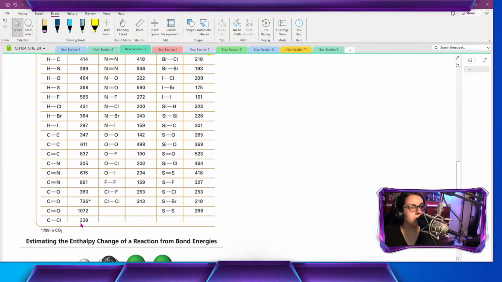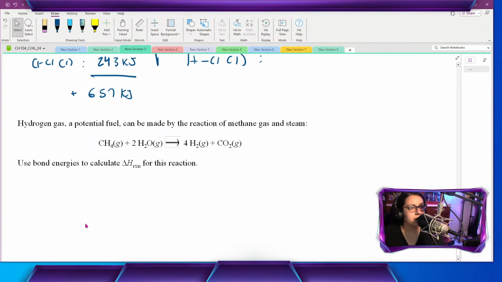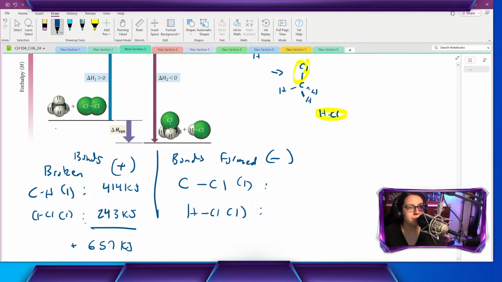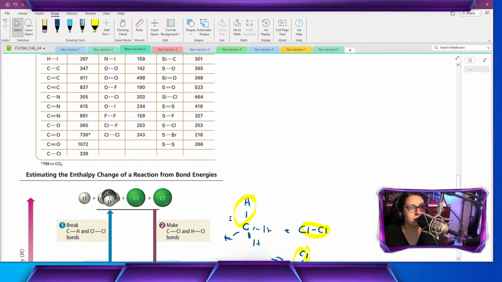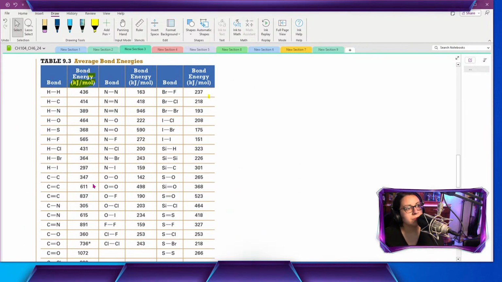Okay, carbon chlorine, 339 kilojoules per mole. So that's 339 kilojoules for one bond. Let me look up HCl. 431 kilojoules per mole. Again, we have one.